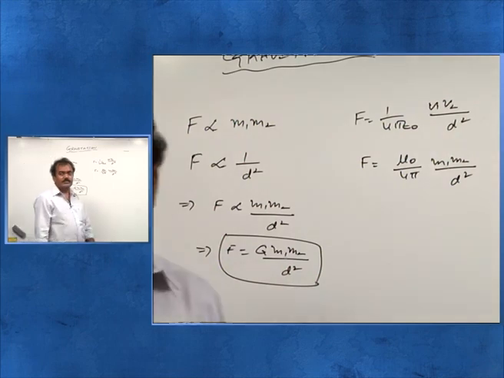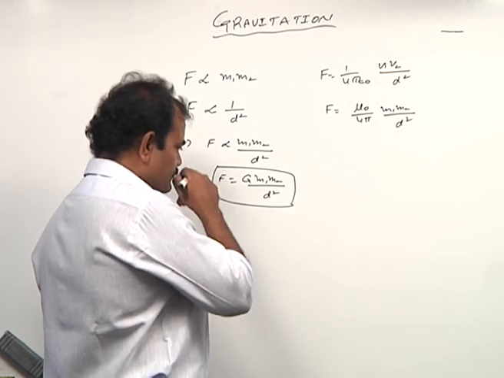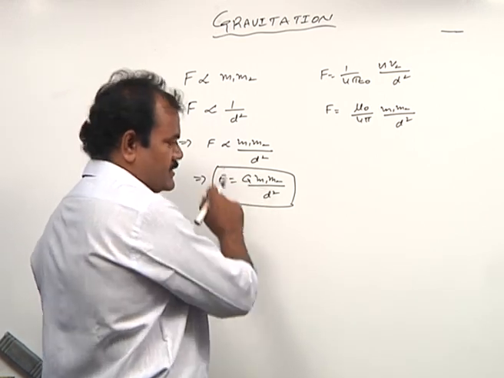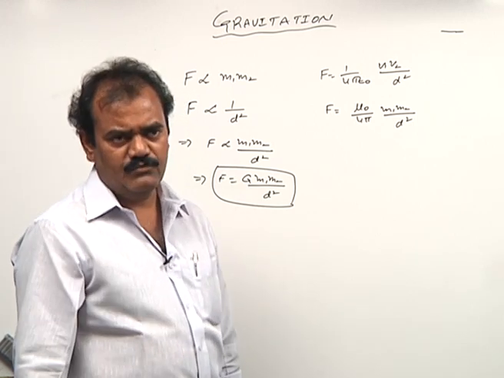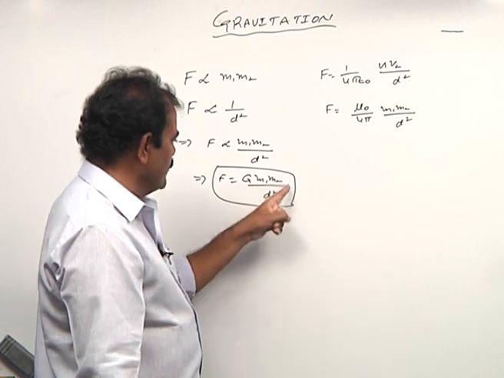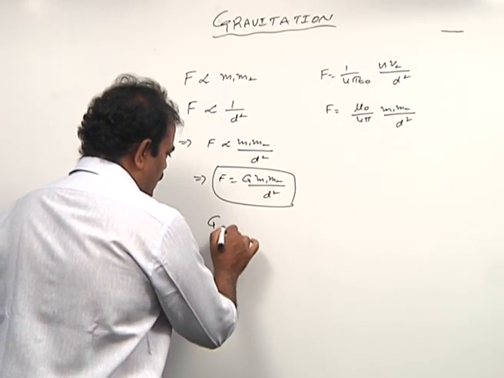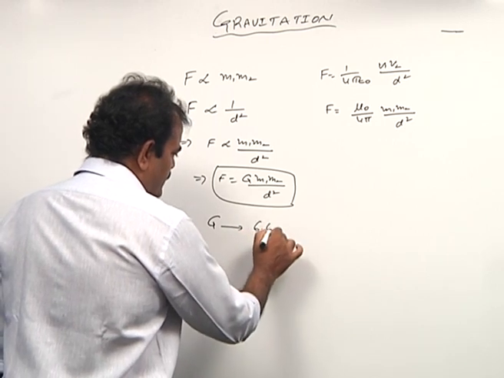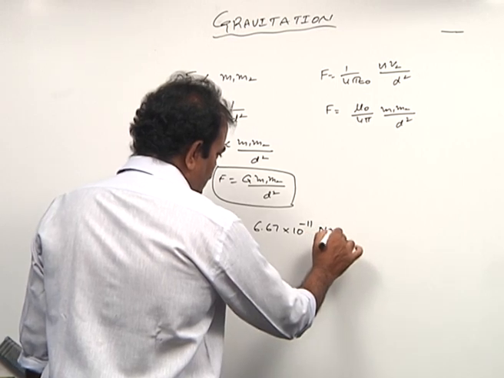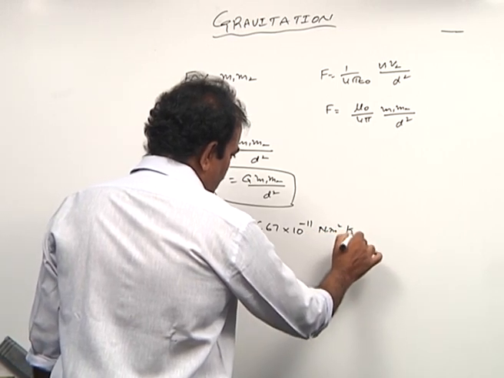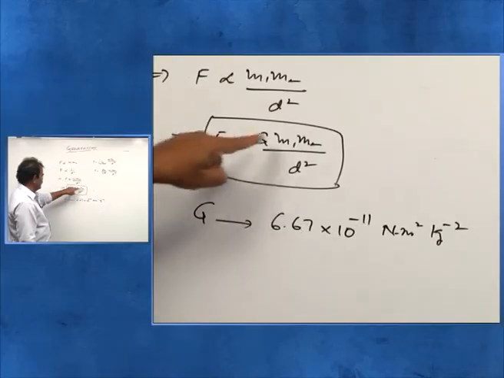One more point of separation is that capital G is a constant throughout the universe, whatever the medium present between the two masses. The value of capital G can be taken as 6.67 into 10 to the power minus 11 Newton meter square kg power minus 2, because G is equal to F d square by m1 m2.